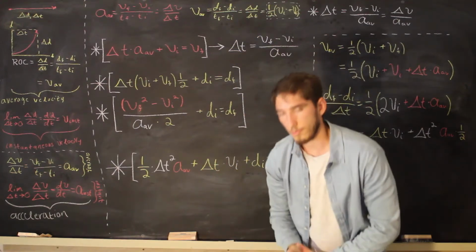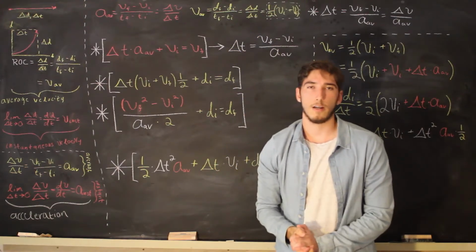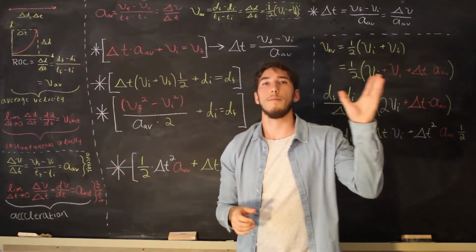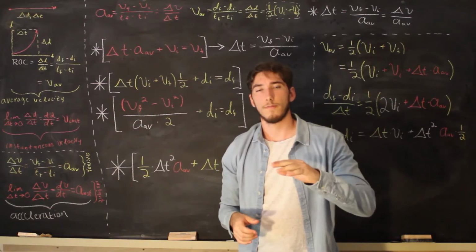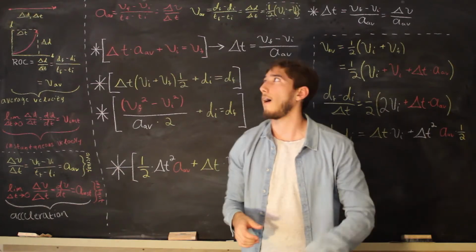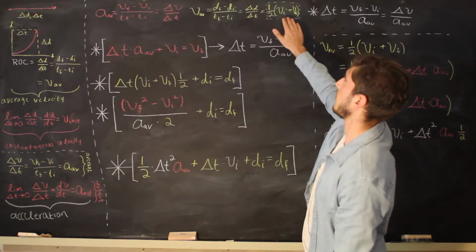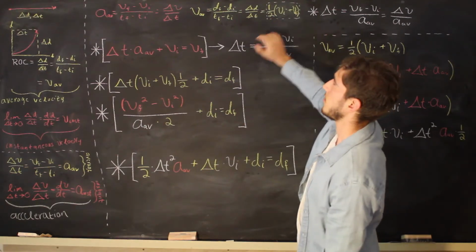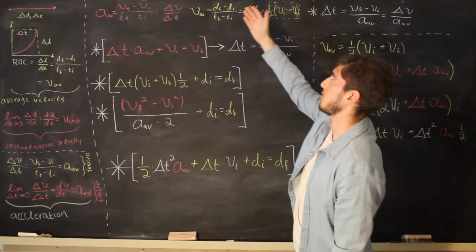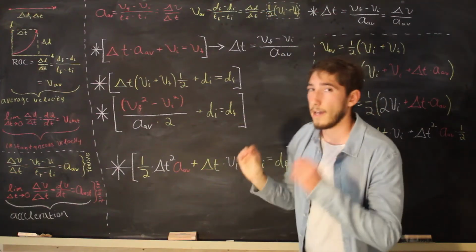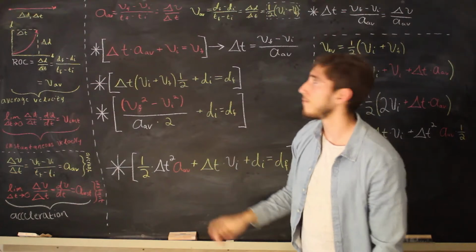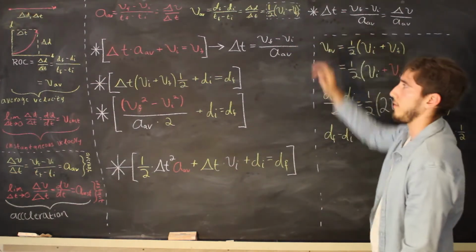But we also know that when we want to find an average, the way that we do it is all of our data values added up over the number of data points that we have. In this case, we have two data points, v initial and v final, so we'd put them over 2. So v average is equal to change in distance over change in time, and it's equal to v initial plus v final over 2. And this we'll get to in a moment.